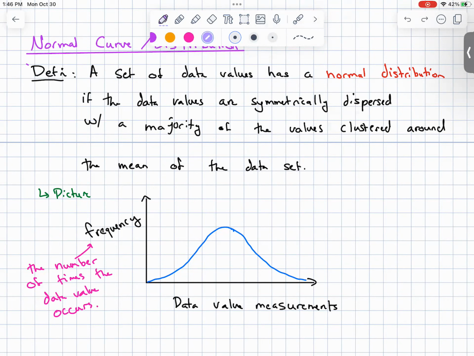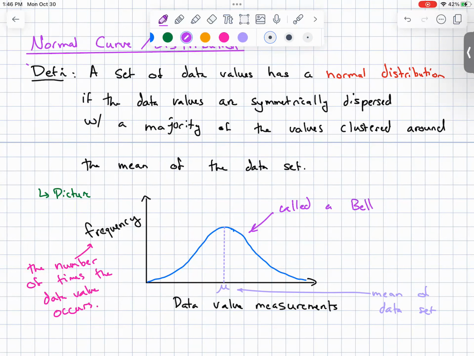That's going to be mu. That's the mean. And this is called a bell curve, or normal curve.